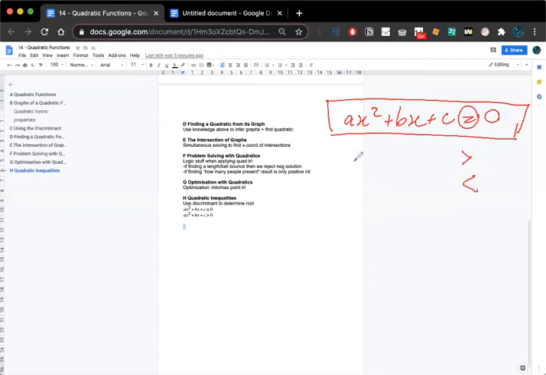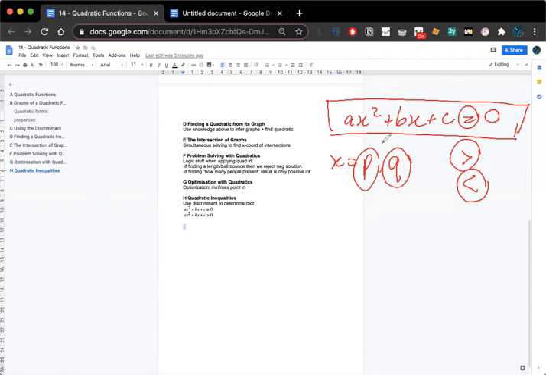So, for example, if you find two values of x, let's say x has the values p and q, then these values need to be assigned with the more or less sign, depending on what it's asking.